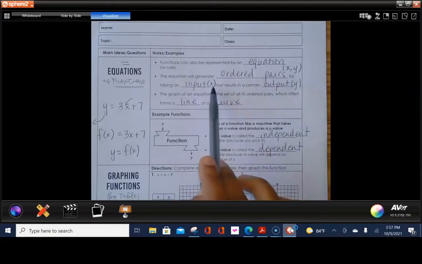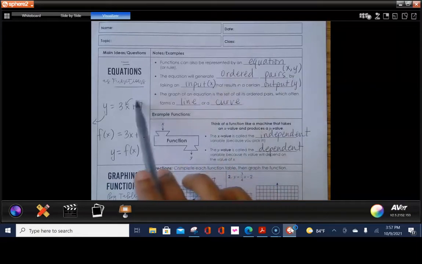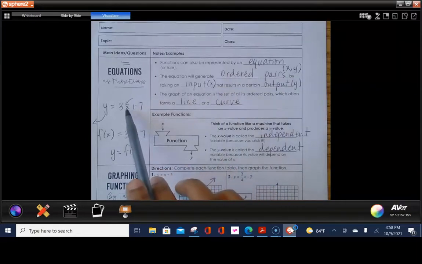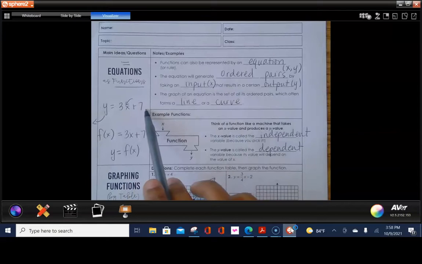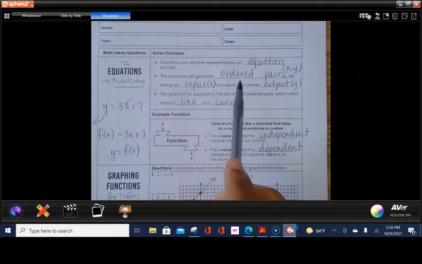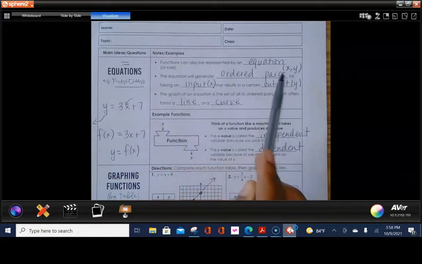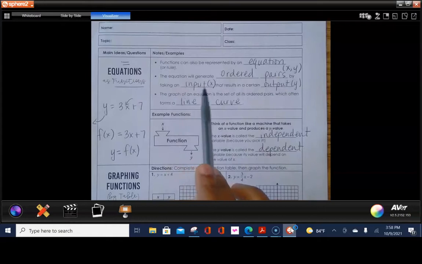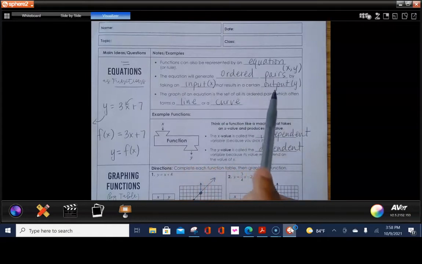So x can be anything that you can plug into your rule or function. Once you calculate the right side of the equal sign, it will give you a specific output, which is y.